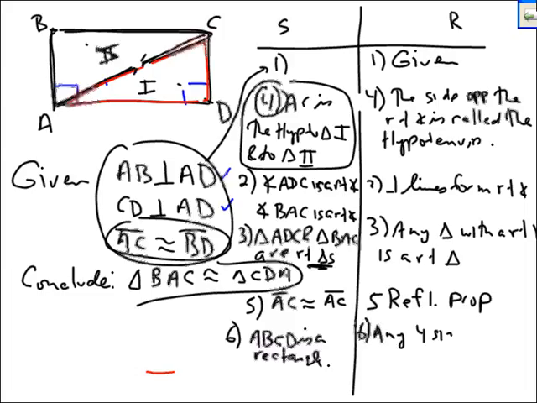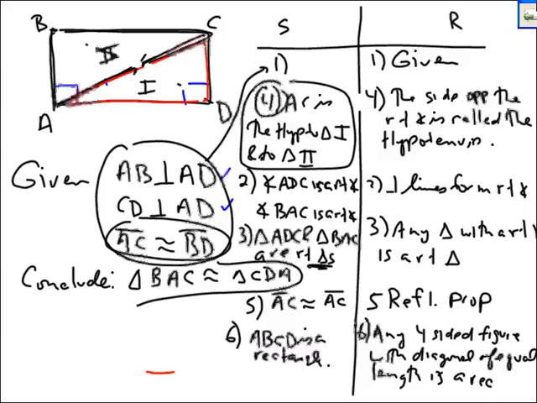Any 4-sided figure with diagonals of equal length is a rectangle.